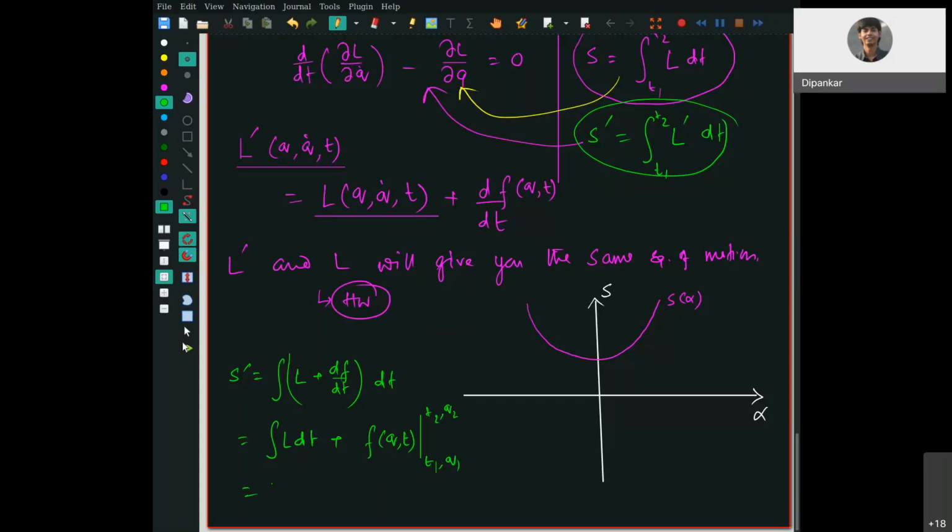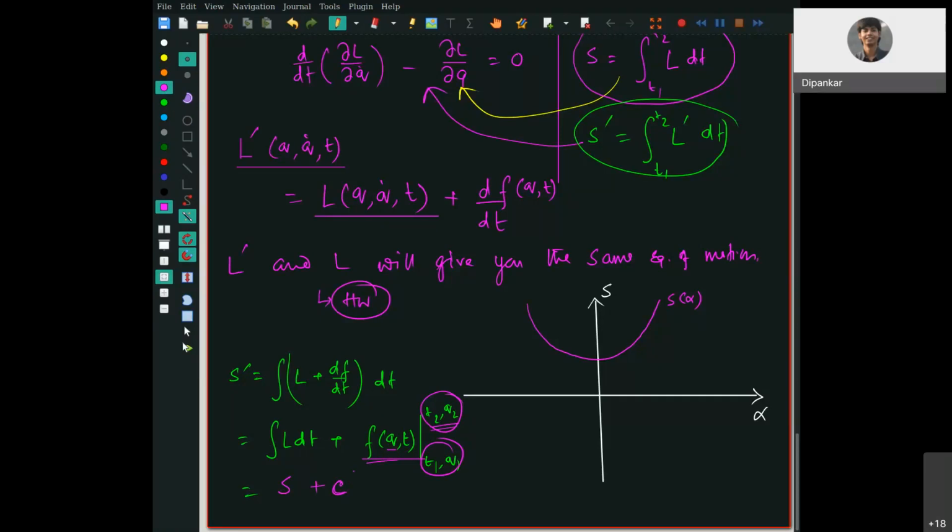Now you remember, the integral of L dt is the old action, that is S, plus this term. Since f only depends on q and t, and that is determined at the endpoint, that is fixed. So this is a constant, that is c. Okay. Remember, q is a constant, not q dot.